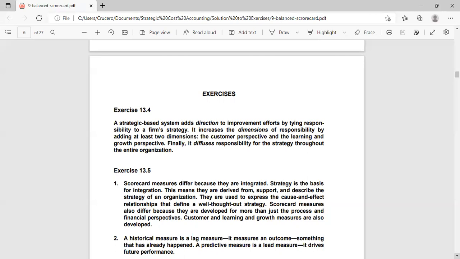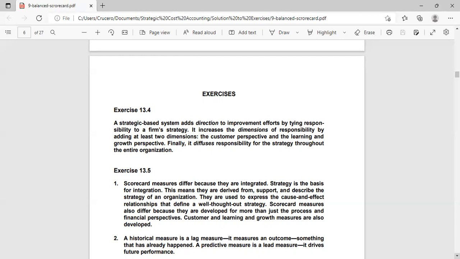Scorecard measures also differ because they are developed for more than just the process and financial perspective. Finally, it diffuses responsibility for the strategy through the entire organization.